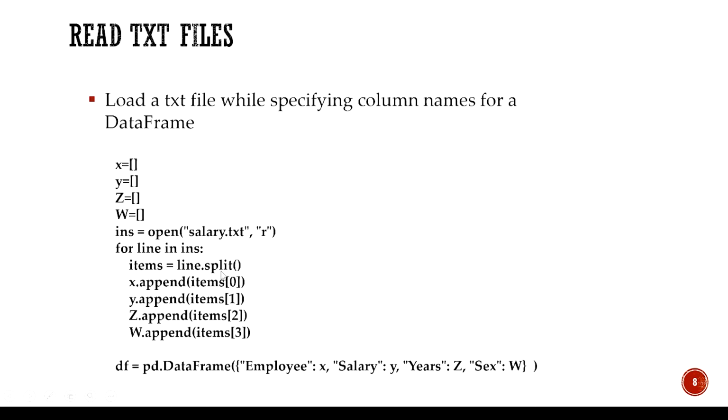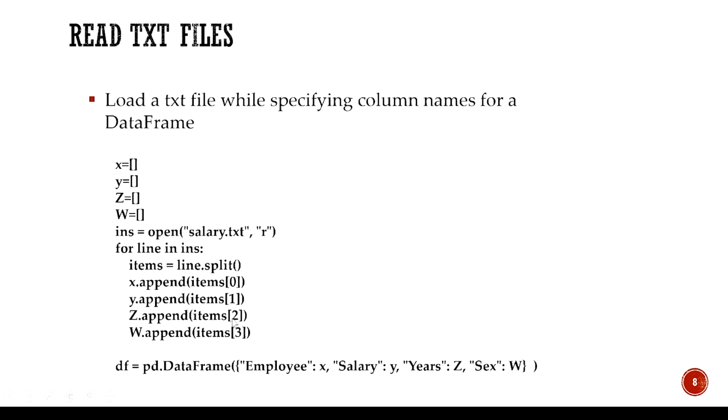split the other words. So technically there will be 4 items in each line, and that's why we apply a split by a space. So item 0, the first one, we assign it to X, which represents employee's name. Item 1 is the second column, and we assign it to Y variable, which is their salary.